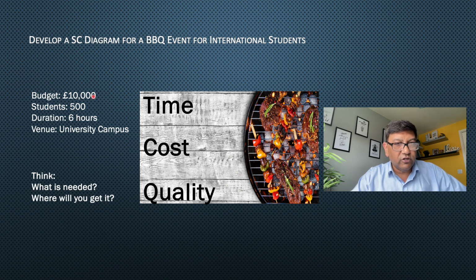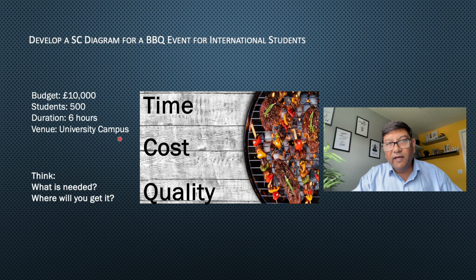So the budget is given, not the cost. The number of people, your customers, is given: those are students, specifically international students. The duration is 6 hours, so the time is given, and the venue is given as well.